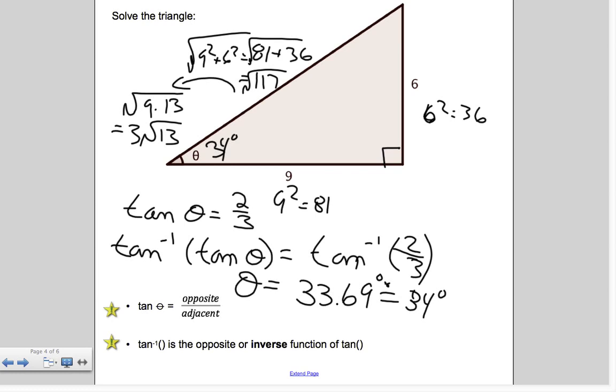I know it's the first time we introduced the trig function. That's what tangent is. If you're doing tan of an angle, it just gives you the ratio of the opposite side over the adjacent side, that fraction, that decimal. Doing the inverse of it will give you an angle.